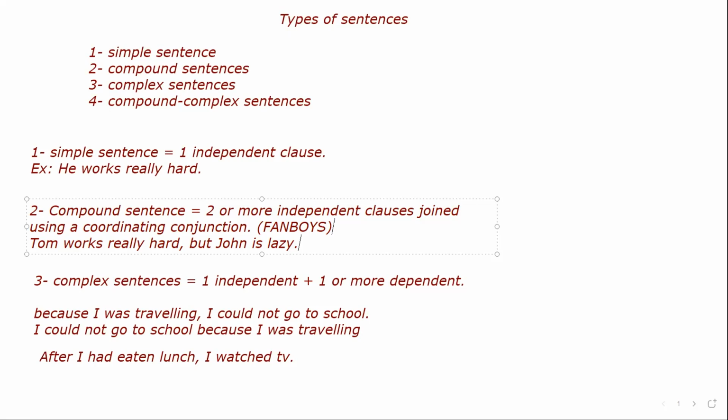What about complex sentence, the core of our lesson? It's when I have one independent and one or more than one dependent clauses in the sentence. After I had eaten lunch, I watched TV. I watched TV after I had eaten lunch. I hope this was easy and beneficial.